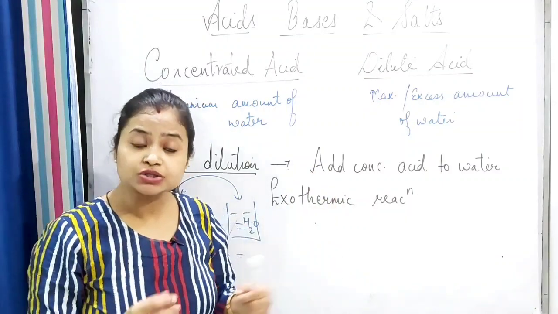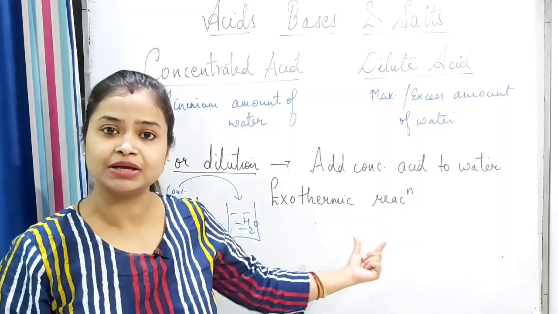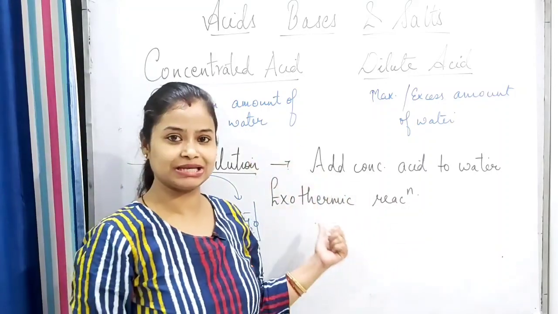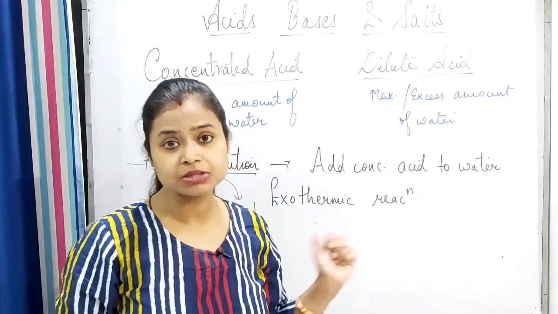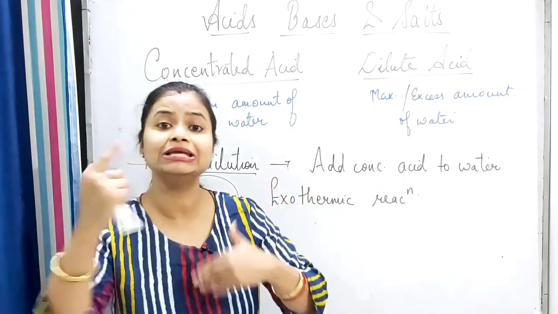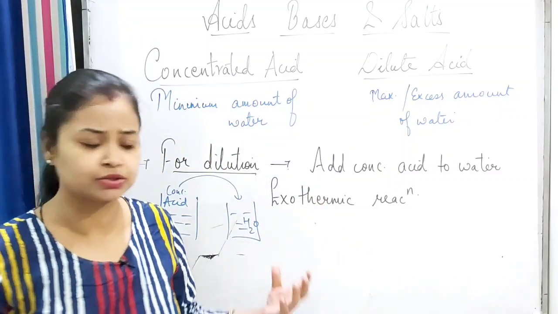Because when you dilute, this is an exothermic reaction. I told you what an exothermic reaction is in the previous videos. Exothermic reactions are those in which heat is liberated, and this is a highly exothermic reaction.